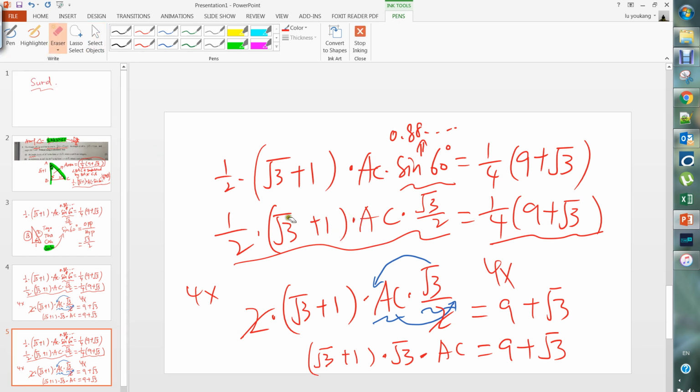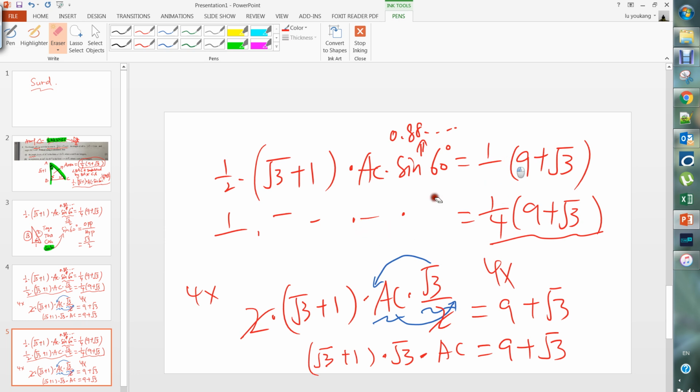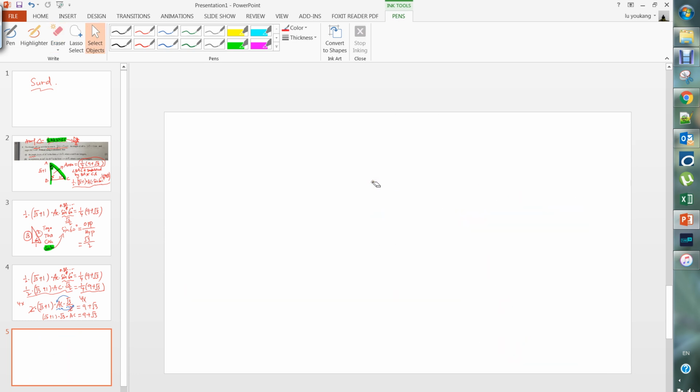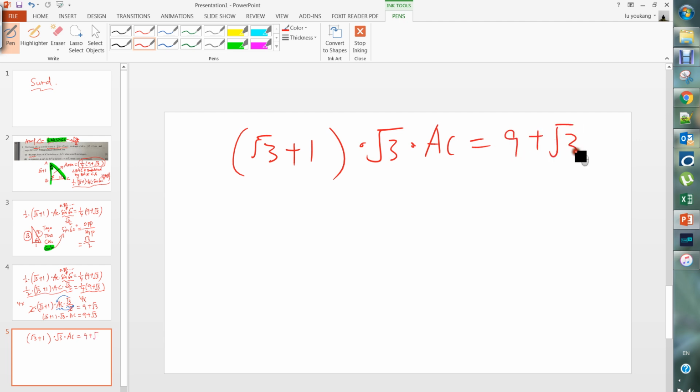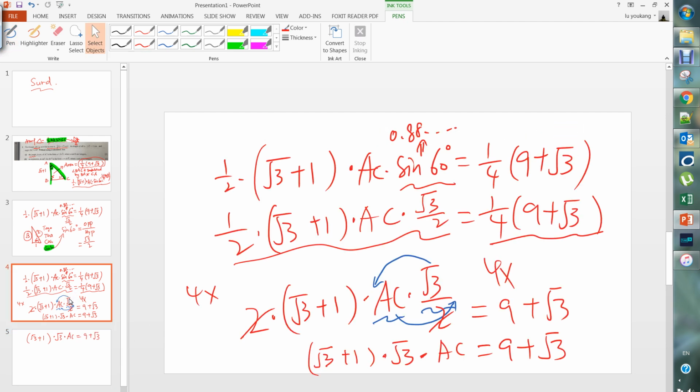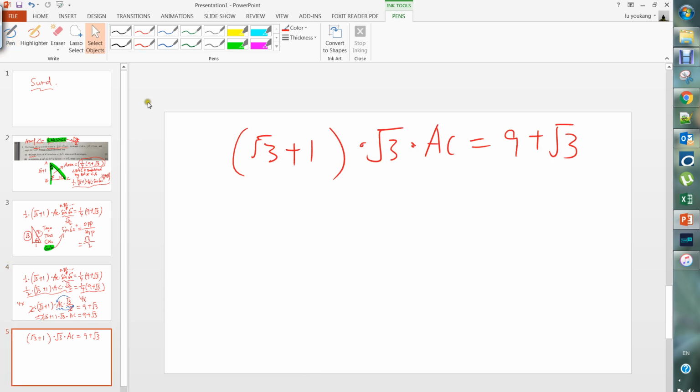Let me erase it. Okay, so let me copy this. Square root 3 plus 1 bracket 3 AC equals 9 plus square root 3. Let me double check. Okay, yep. So I want to get this one over to this slide. Okay, yeah, you can continue.